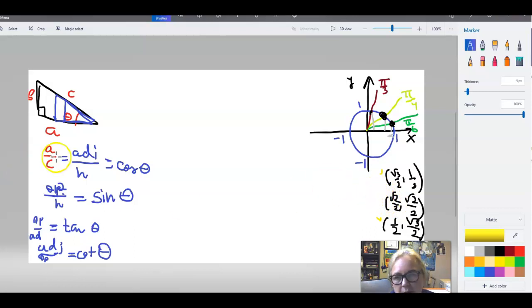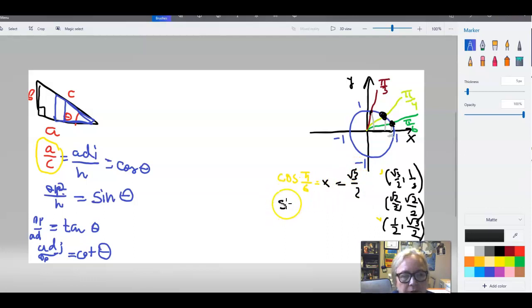Like I said, in general, for a triangle, cosine is the ratio of adjacent to hypotenuse, but the hypotenuse is 1. So for us, with the unit circle, cosine of pi over 6 is the adjacent portion here, square root of 3 over 2.